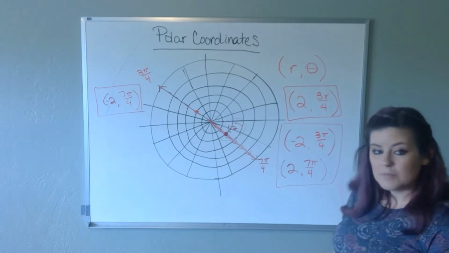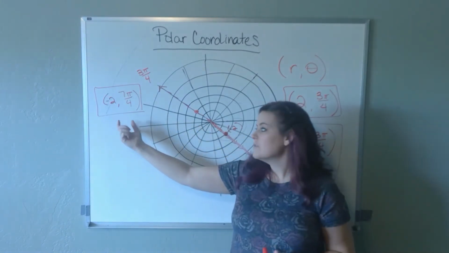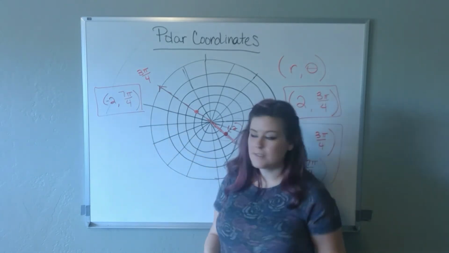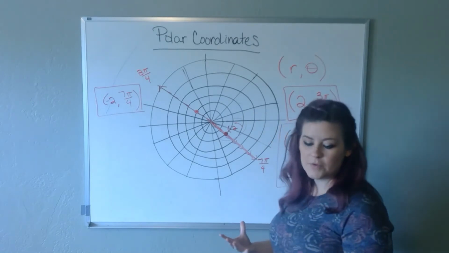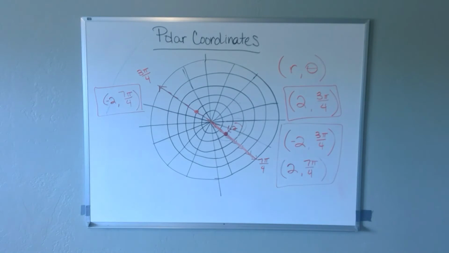So you'll have some questions where they'll give you a coordinate pair, and you'll give other ways of finding that same point with different coordinates. So let's plot a couple more things. Let me get another color.